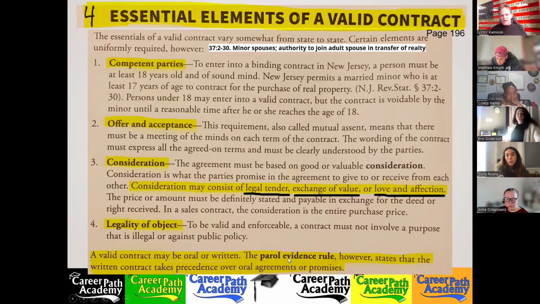It even has the word evidence in there. The parole evidence rule basically says that written contracts take precedence over verbal agreements or promises. That's what the parole evidence rule is. You could add that to your definition list.